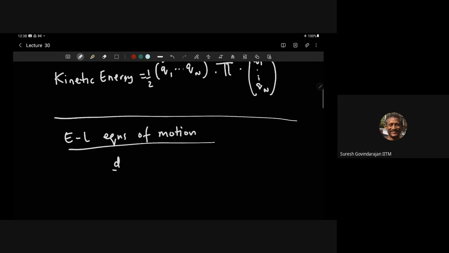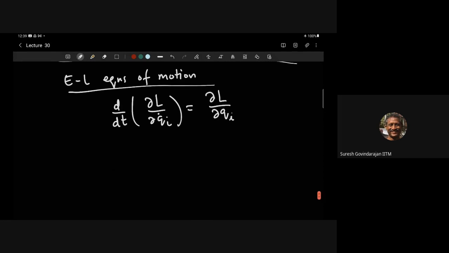It says d by dt of dL by dqi dot should be equal to dL by dqi. Right, isn't this what it says? First let's write the left hand side.